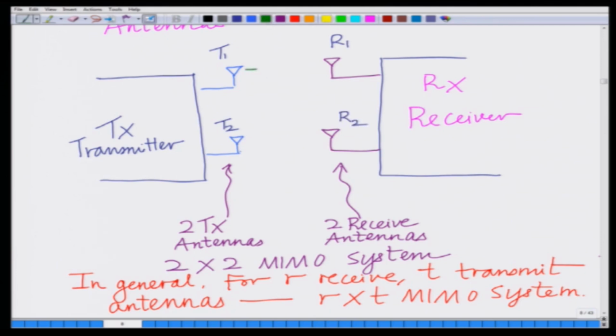So let us denote the channel coefficient between transmit antenna 1 and receive antenna 1 by H11, between transmit antenna 1 and receive antenna 2 by H21. Similarly, let us denote the fading channel coefficient between transmit antenna 2 and receive antenna 1 by H12, and the coefficient between transmit antenna 2 and receive antenna 2 by H22.